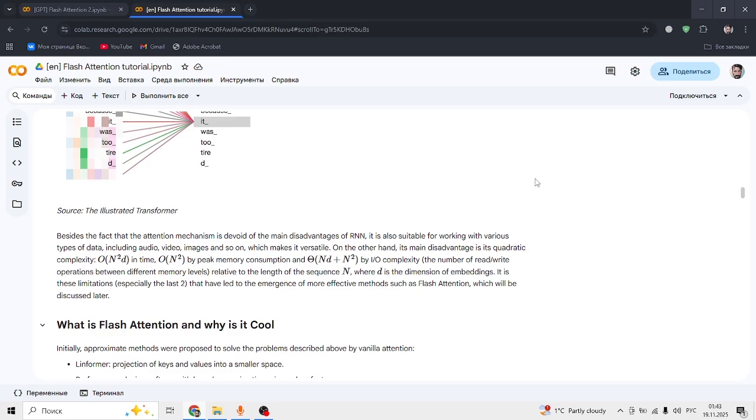Okay, so the next thing is that this mechanism has some drawbacks. Yes, it looks very good because each word is connected with other words in a sequence, but there are some drawbacks. This drawback is linked with the quadratic complexity.